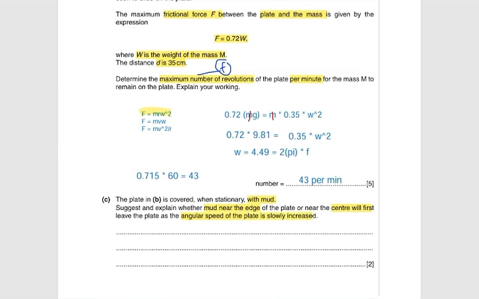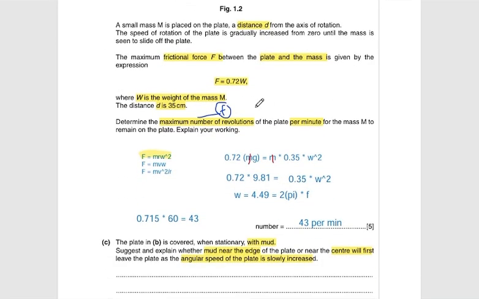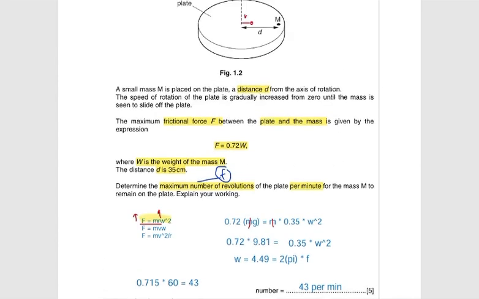Now, we know if I were to go back here and visualize this, I place mud here, and we can call this distance r, and then you have mud here and we call this distance t. If you look at these formulas for F, in this especially which we used, as r increases, F also increases, the centripetal force also increases.